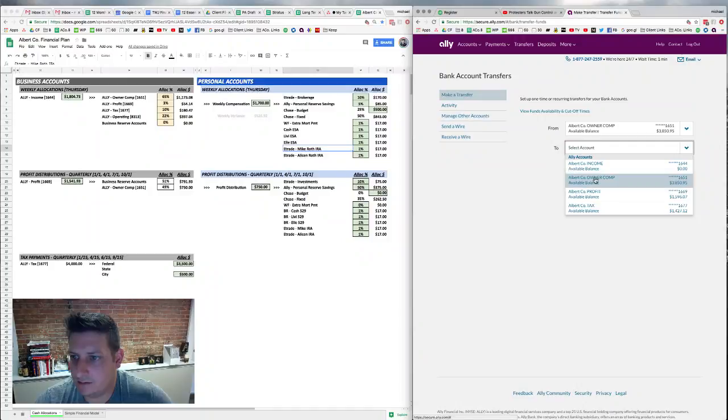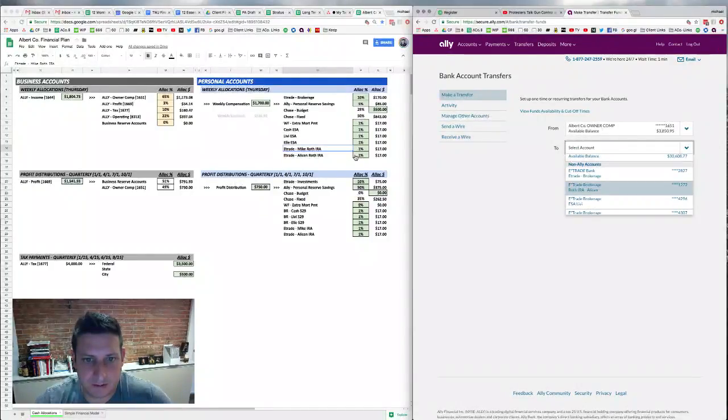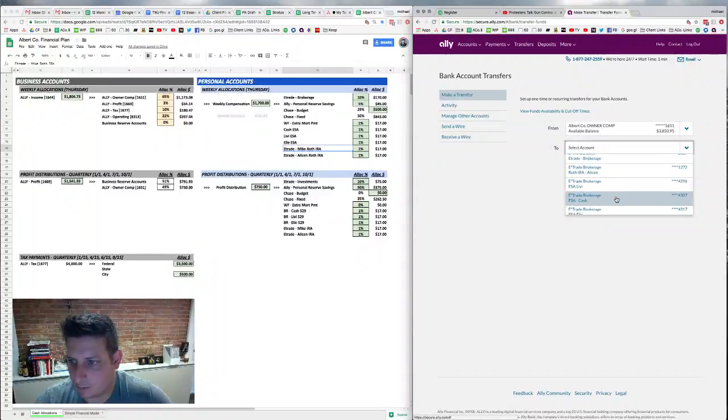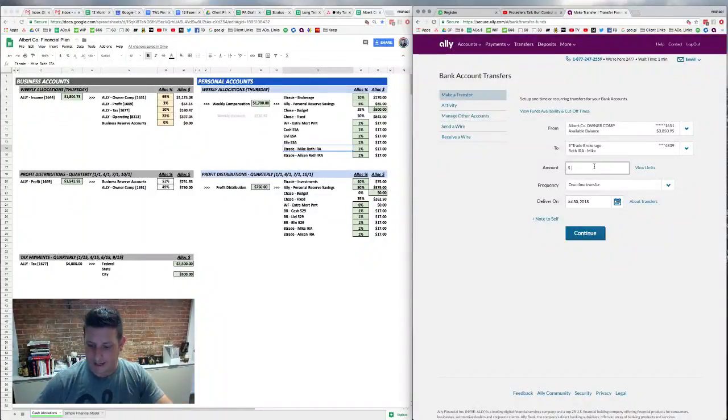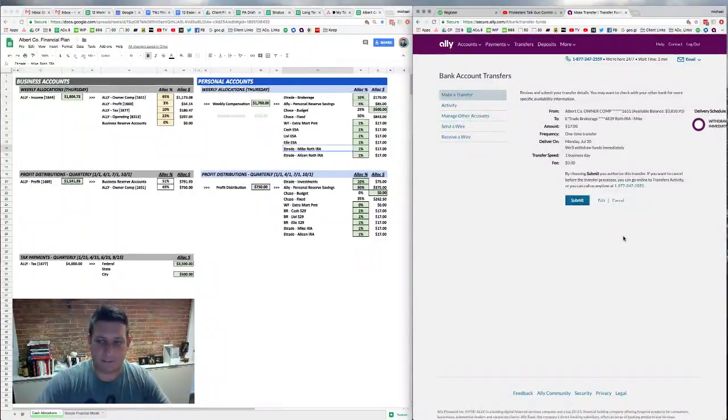So the goal is to continue to be able to bump these percentages up. Right now I'm just working on having a workflow to be able to make them all from within my Ally account and setting up the process.